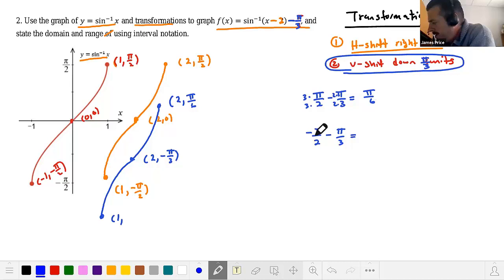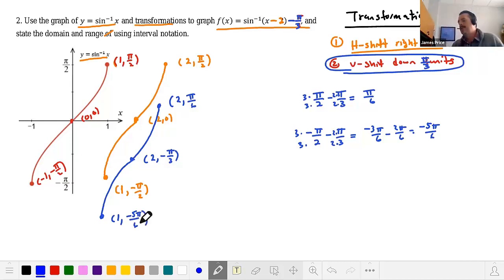Find a common denominator, so you multiply top and bottom by 3 here, and you get negative 3 pi over 6, minus, multiply top and bottom by 2 here, you get 2 pi over 6. And so what does that equal to? Minus 3 minus 2 is minus 5 pi over 6. And so this is negative 5 pi over 6. And so there's my final graph. As long as you label the points, you're good.